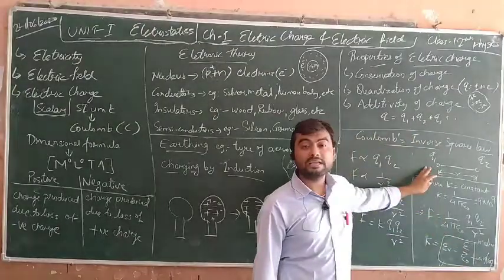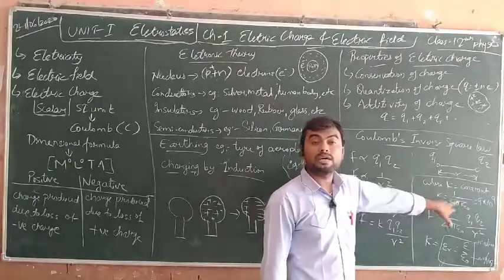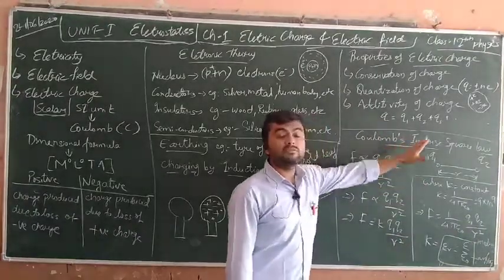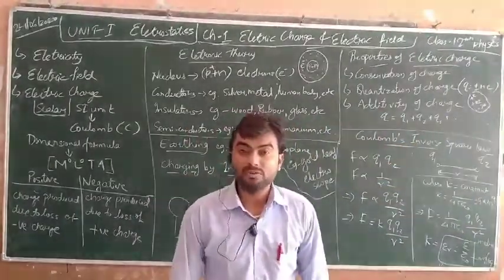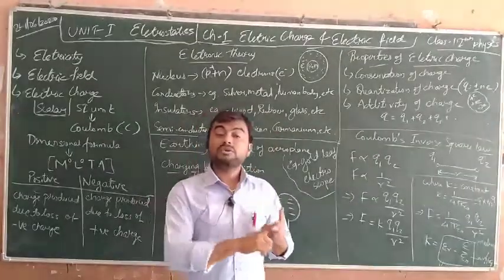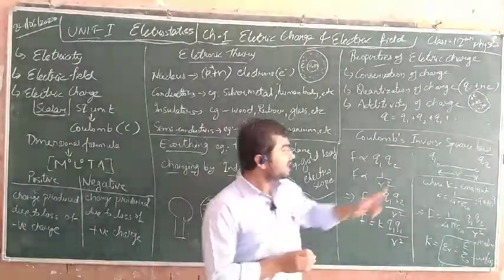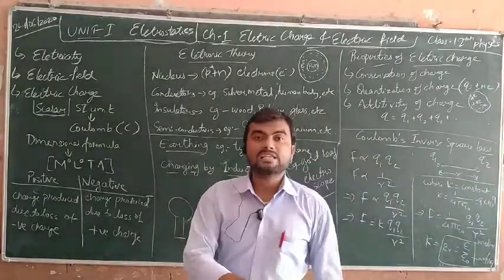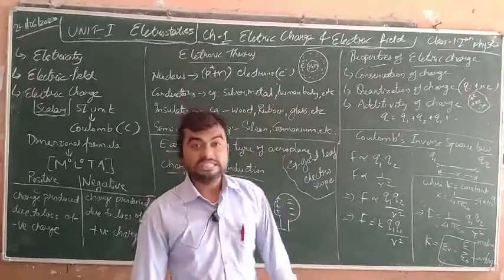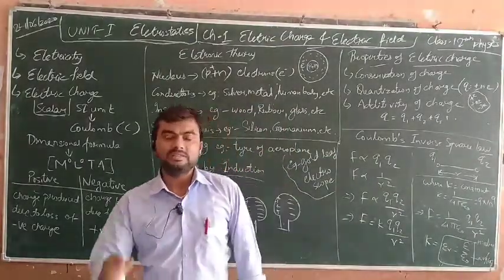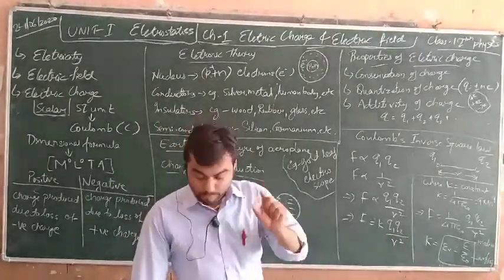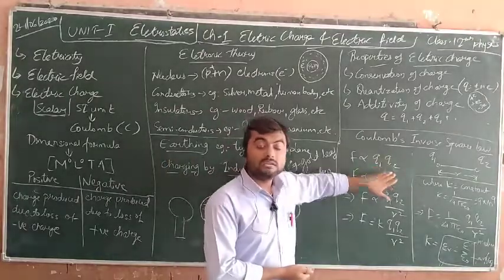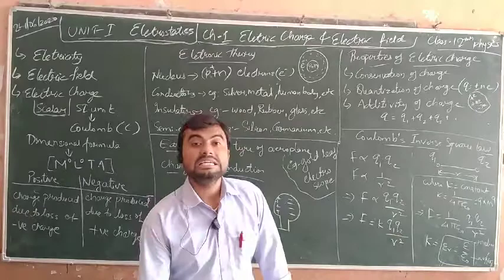By putting the value of K in this equation, we get F equals 1 by 4 pi epsilon 0 Q1 Q2 by R square. This Coulomb's inverse square law is very important from the exam point of view. It states that the force of attraction or repulsion, if the charges are same they will repel, and if the charges are opposite they will attract, between two point charges, is equal to the product of their magnitudes and inversely proportional to the square of the distance between them.